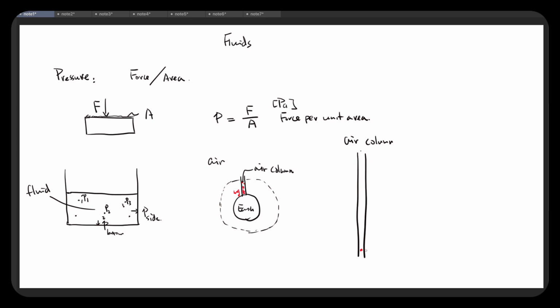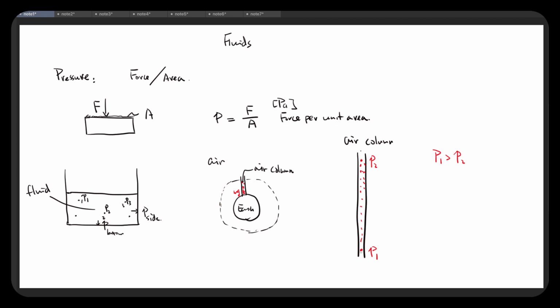So particles here experience a bigger pressure than the air particle here. Let's call these P1 and P2. Then we have P1 greater than P2. The reason is that all these air particles stack up, the higher ones sitting on the lower ones, and that is why we have a larger pressure as we go down.